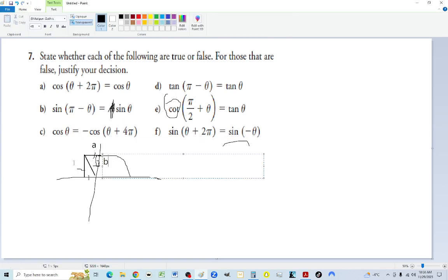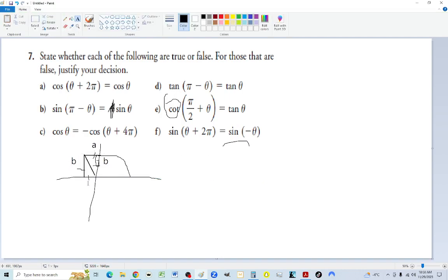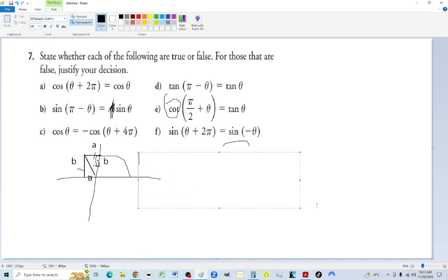Let's call this B, which makes this side B, and this down here is A. That means normally the tangent would be B over A, but the cotangent is A over B. A over B in the bottom triangle is the same as the cotangent of that specific angle.